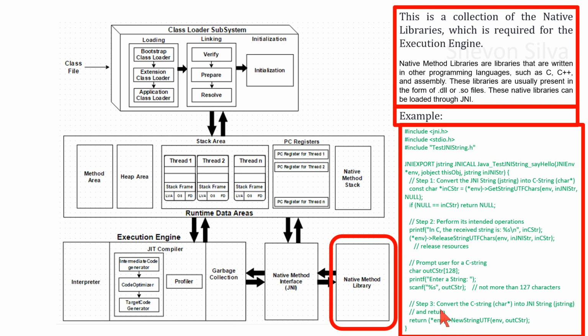And in step 3 here, it converts the returned C string char star to a JNI string jstring via new string UTF, and returns the jstring with the return statement here.